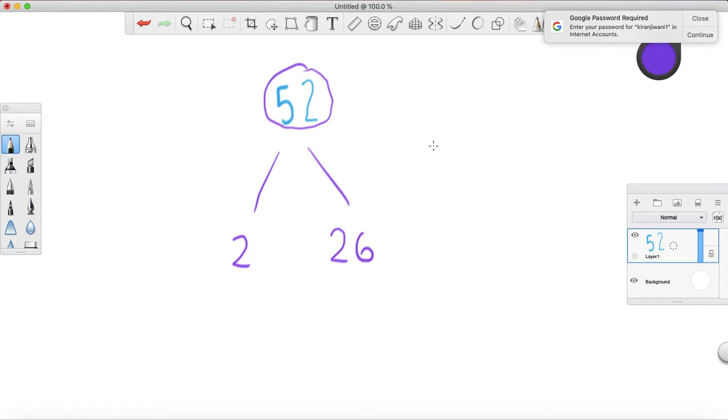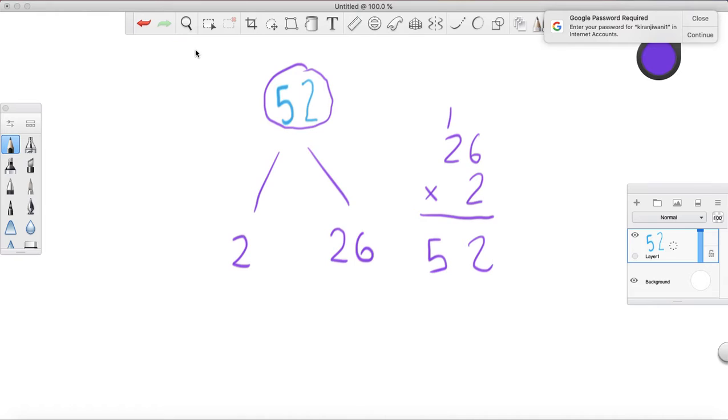First, we check it. Is 26 times 2 an actual factor of 52? Right? We do our multiplication, and sorry, the 2 looks a little weird there, but we know that that's a factor of 52.